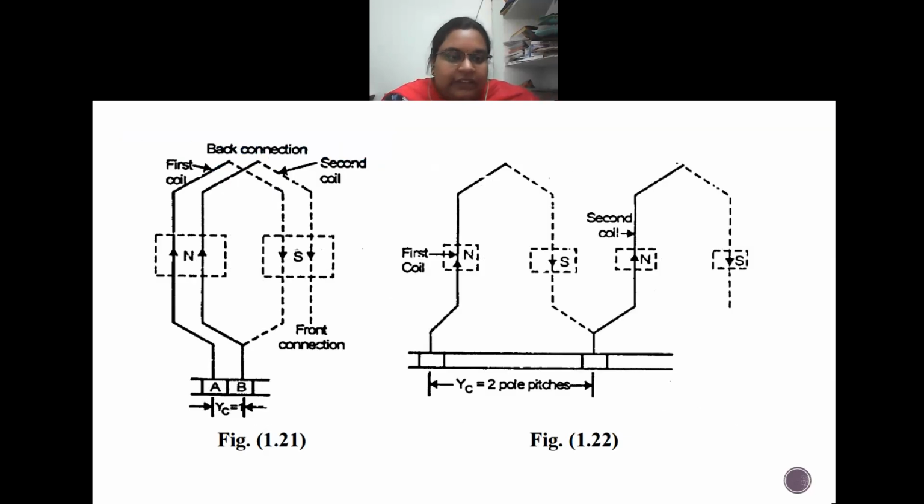Here on the left hand side, figure 1.21 is the lap winding. Here one winding is connected to another one, and then the end of this second winding is connected to the starting of the next winding.